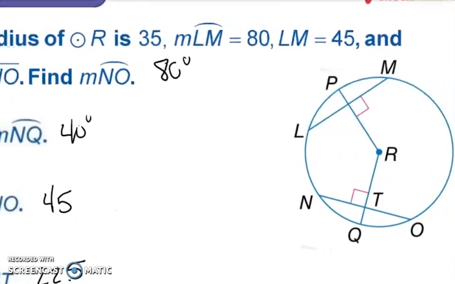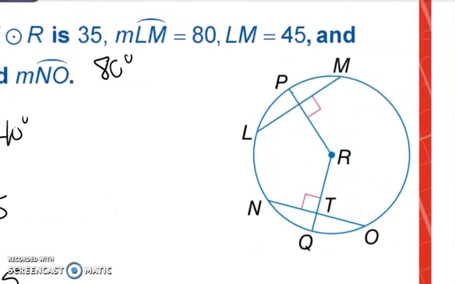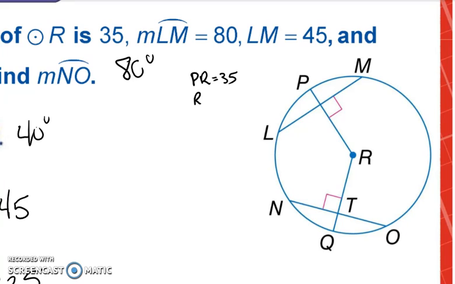Okay, so what they tell us on this is the radius of R is 35. So we know that PR equals 35. We also know that RQ, so radius, RQ is also 35. And we also notice that there's a right angle right there, so that means that these are congruent.